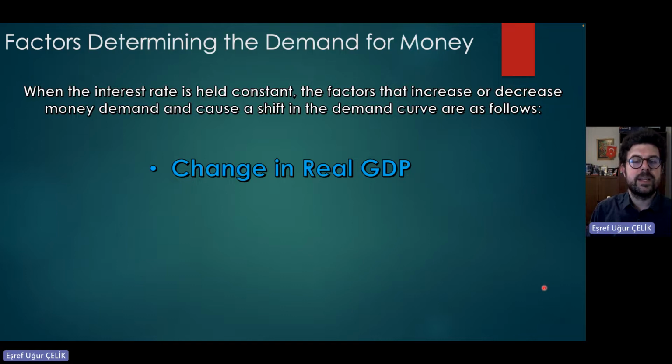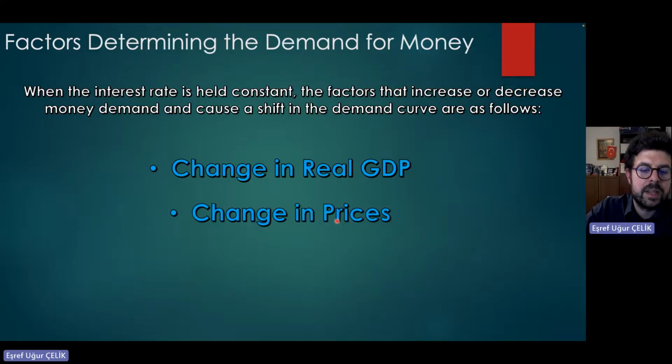Let's look at the other factors. When we fix the interest rate, the first factors that affect the demand for money are these. The first factor is real GDP. The change in real GDP can affect the money demand.